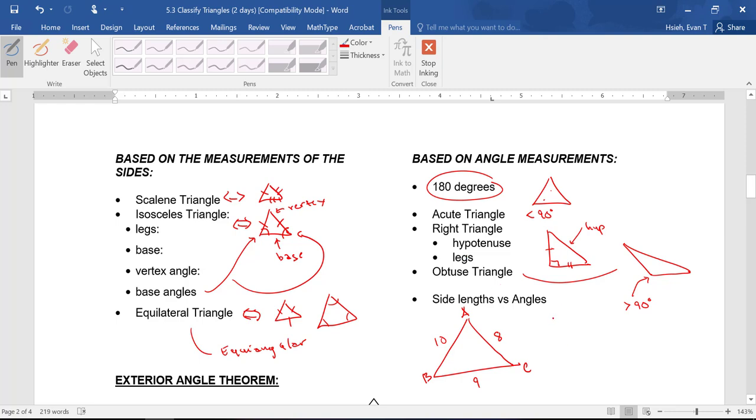So in this case, angle C is the angle that's opposite of the biggest side. So angle C is going to be bigger than the next one, angle A, because that's opposite of the 9. And then, of course, angle B is going to be the smallest angle.